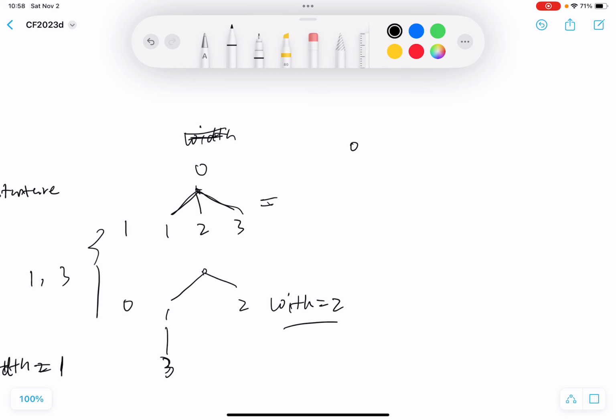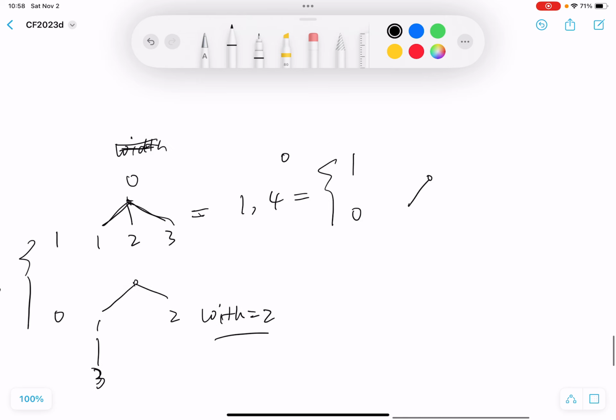For example, let's query 1, 4. Let's assume it returns 0. That means 1, 2, 3, and 4. This is what we want. In the next step, this will be width 4.